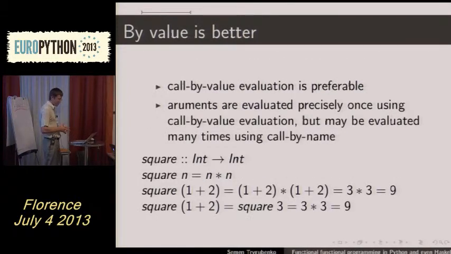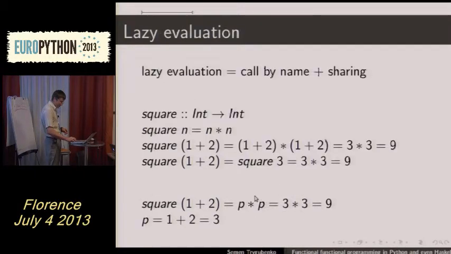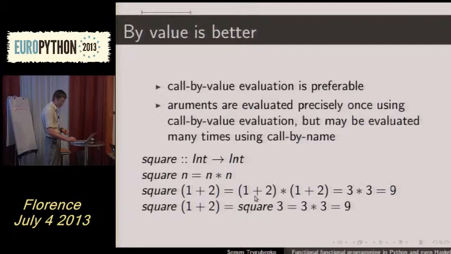By value, on the other hand, is better because we can come up with more efficient code. Consider this somewhat simple example, a function that takes the square of a number.